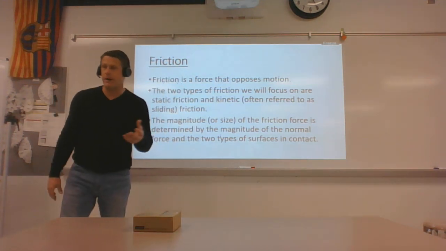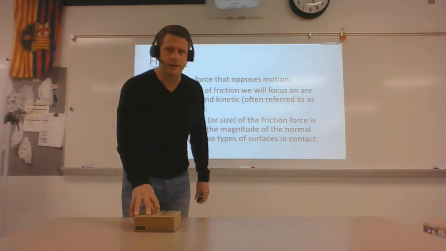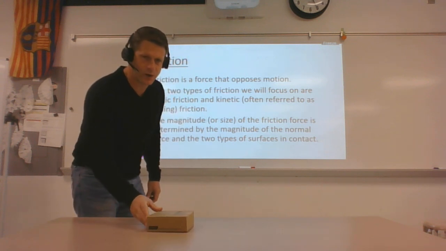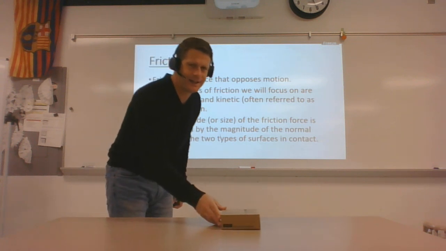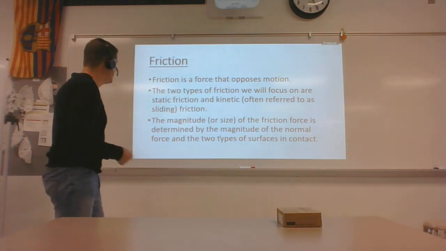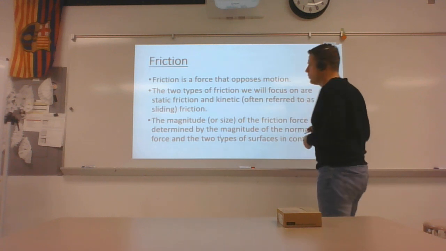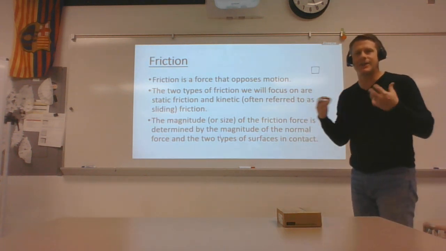So if we think about that motion of the box here, as this thing slides across the table, let's analyze the forces that are acting on the box. So let's draw this box. What are the forces acting on the box?